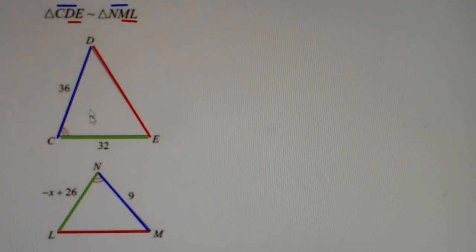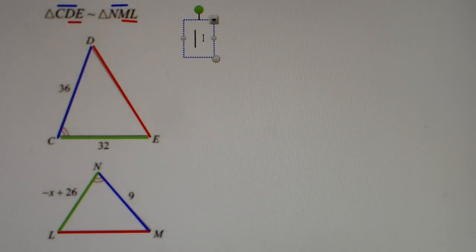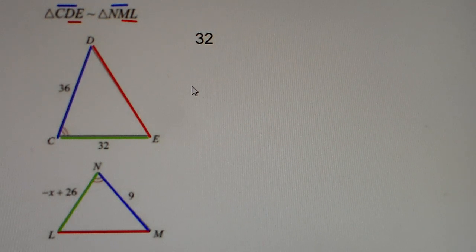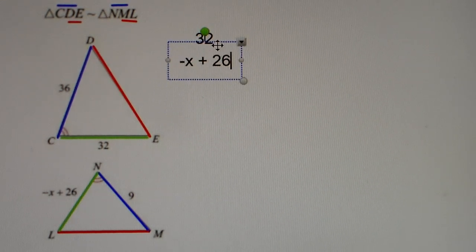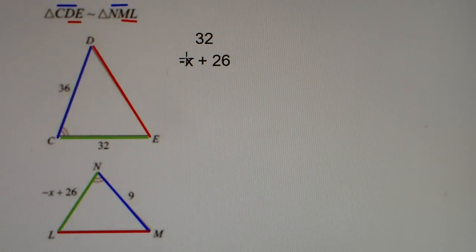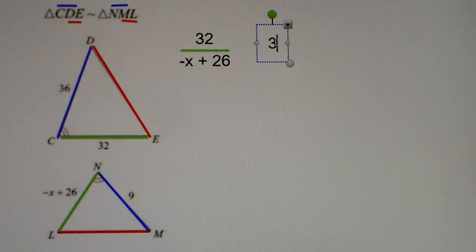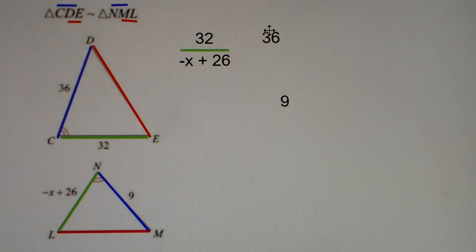So now let's put them over. Let's do big over little. So green over green, so 32 divided by negative x plus 26 is equal to 36 over 9. And those are the blue ones.